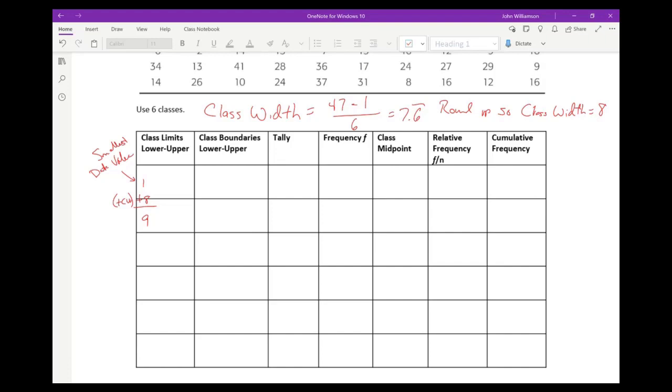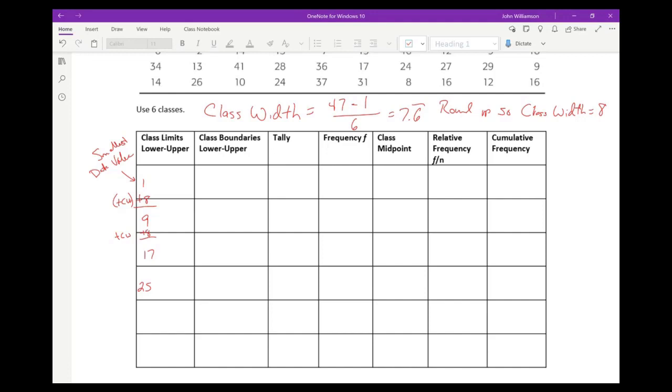And then I keep doing that process. So now I add my class width again. I'm going to add another 8, and I get to 17. That's my next lower class limit. And I just keep doing that process. We need 6 classes. So I add another 8 and get to 25.